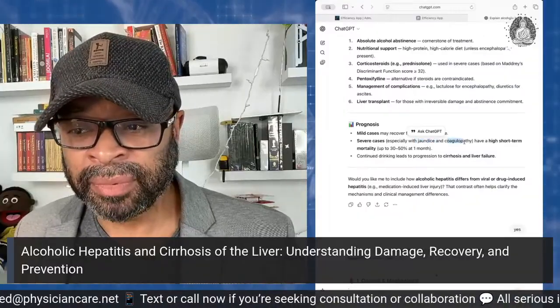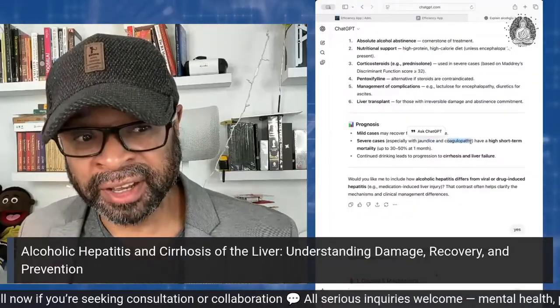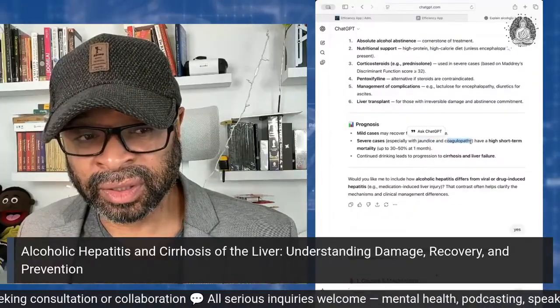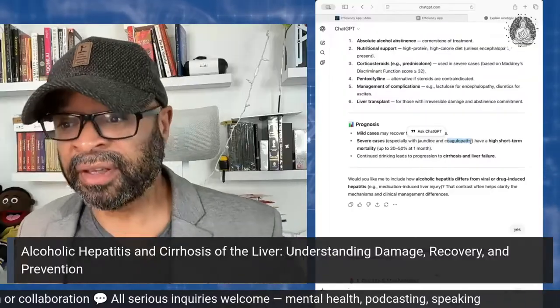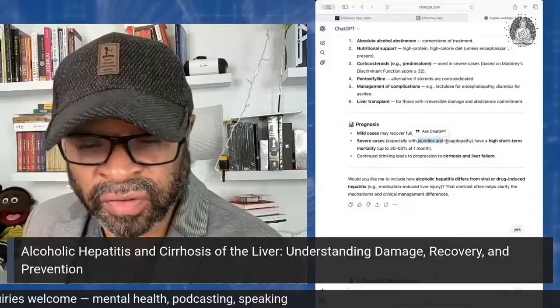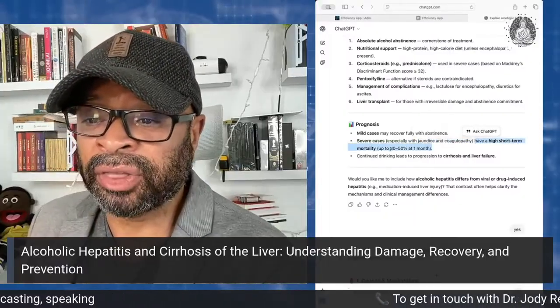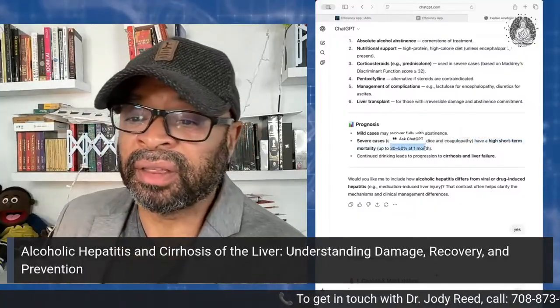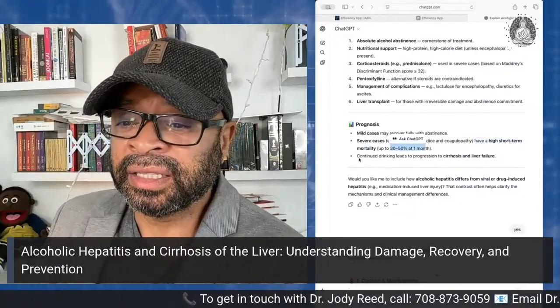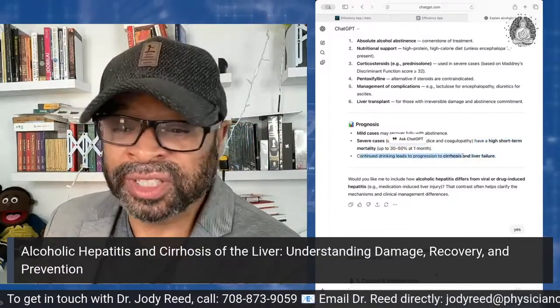And coagulopathy is the disruption in the production of albumin and all those things that cause coagulopathy. So when these huge systems fail, you have a high short-term mortality, up to 30 to 50% at 1 month. Continued drinking leads to progression to cirrhosis and liver failure.